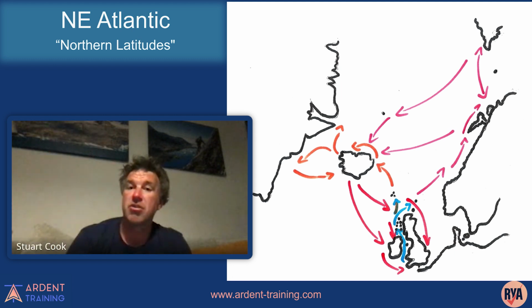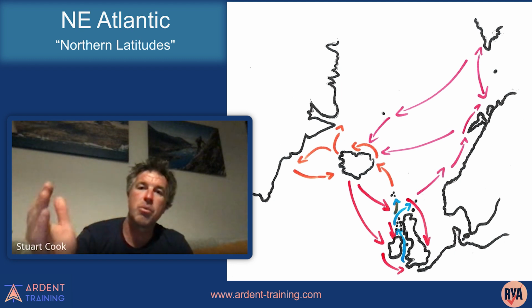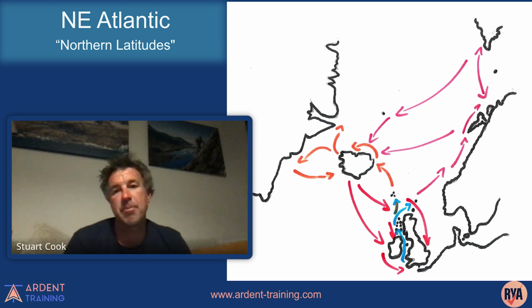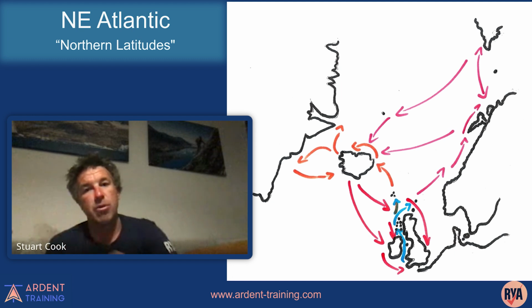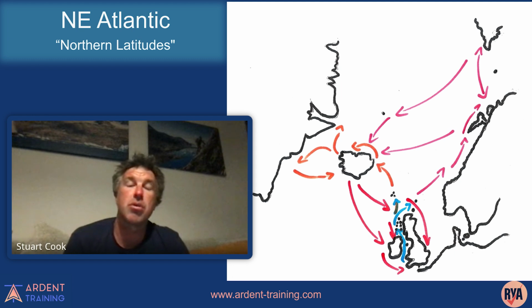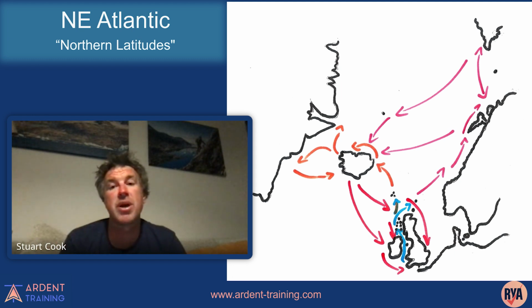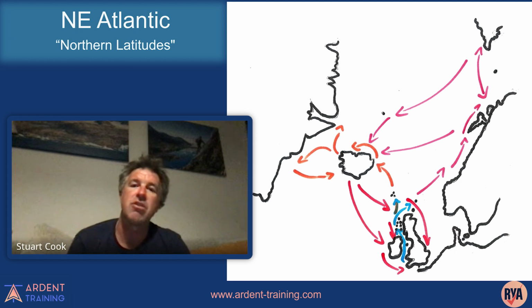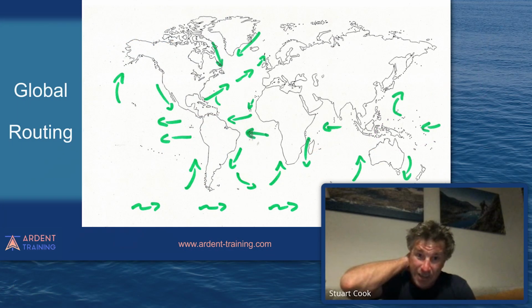That's the polar easterlies bringing you back across from Norway to Iceland. And that westerly airflow allows you to get from Iceland and also up to Norway as well. Getting back from certainly middle of Norway is quite hard because you're into the wind, into those westerly airflows.